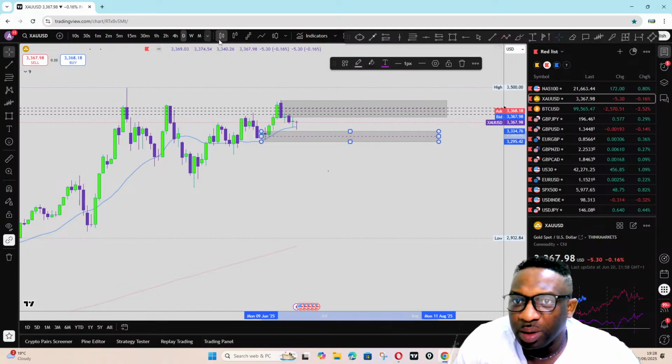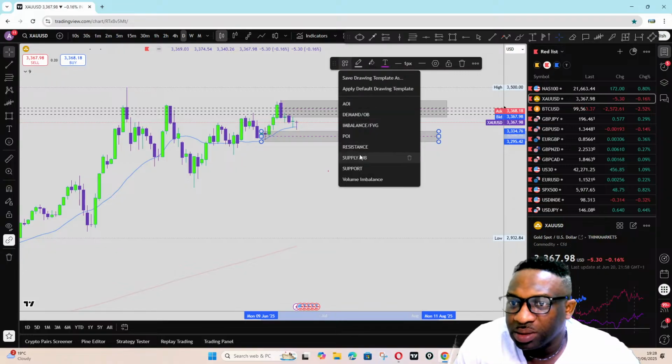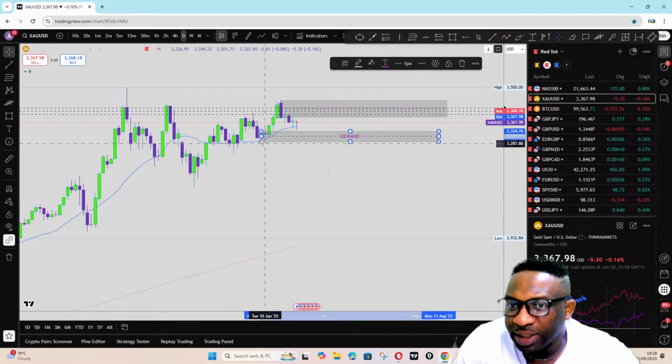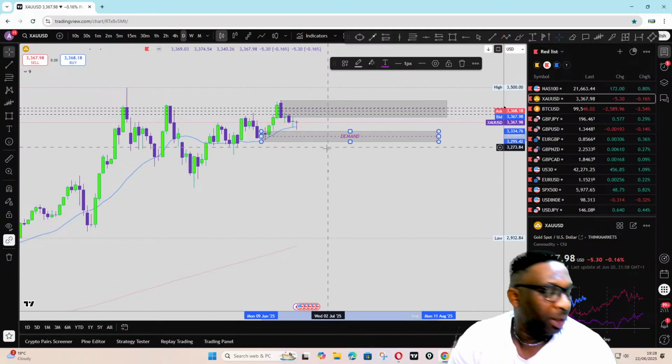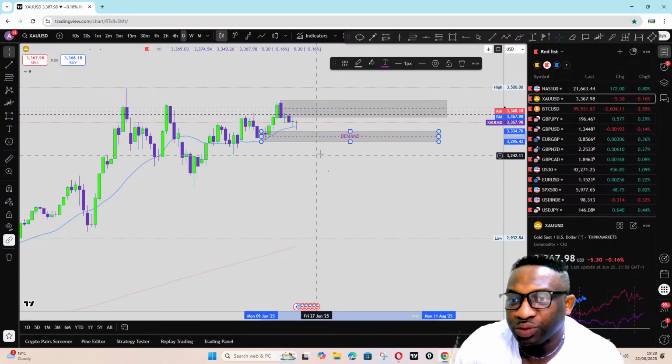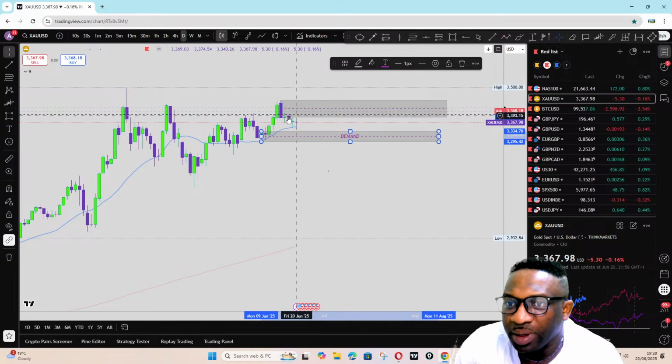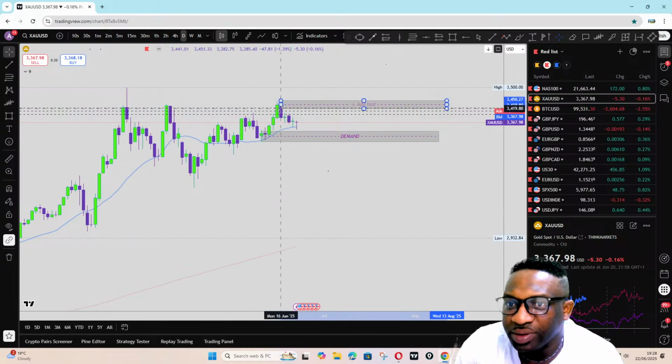So this is on the daily. We'll take it as our area of demand. So this break of structure, this is the origin, just as we did on the illustration. This is the actual chart. So let's look at it from this point on. So this now becomes our area of interest.